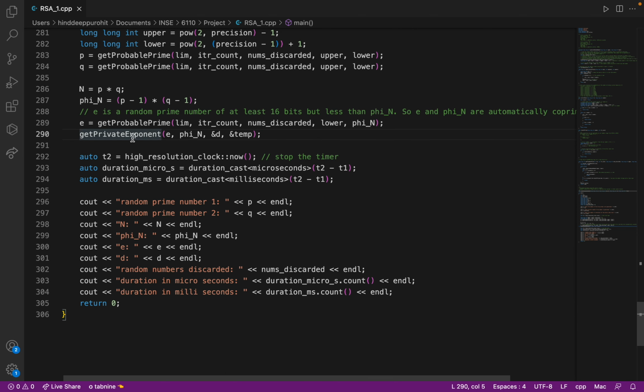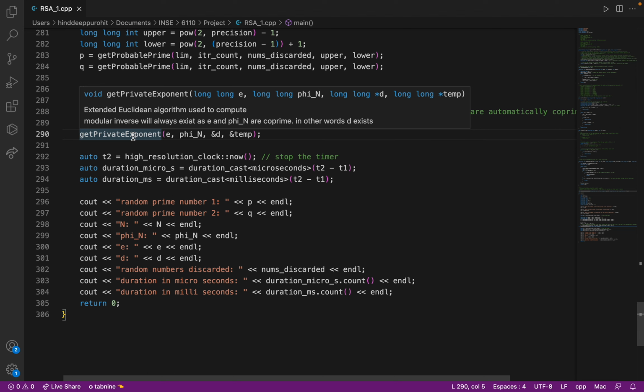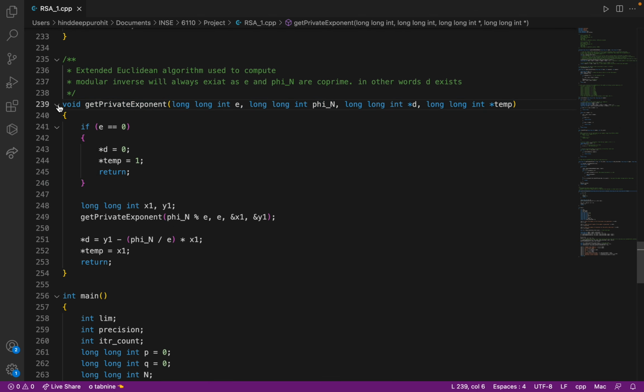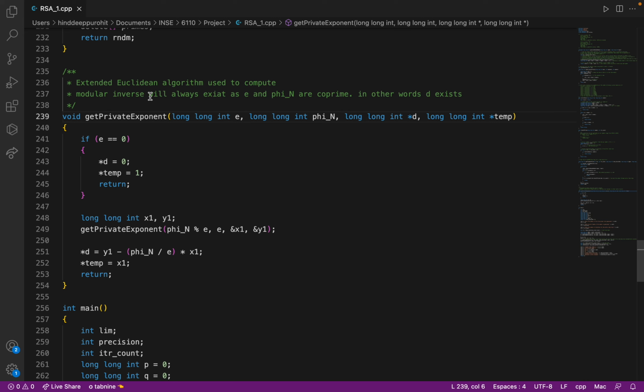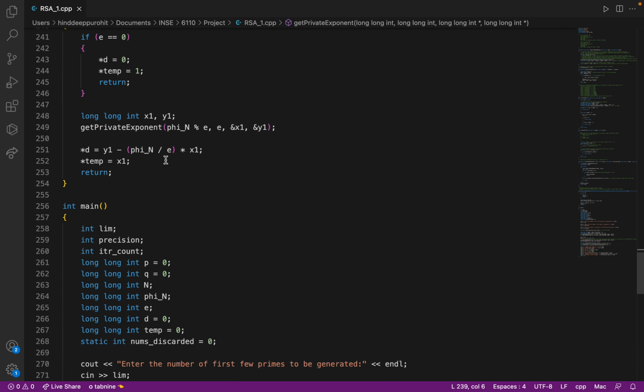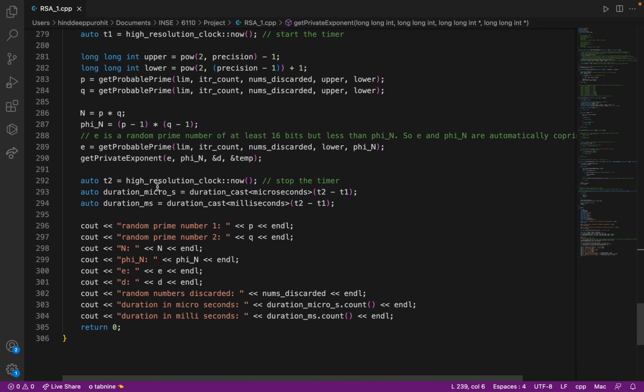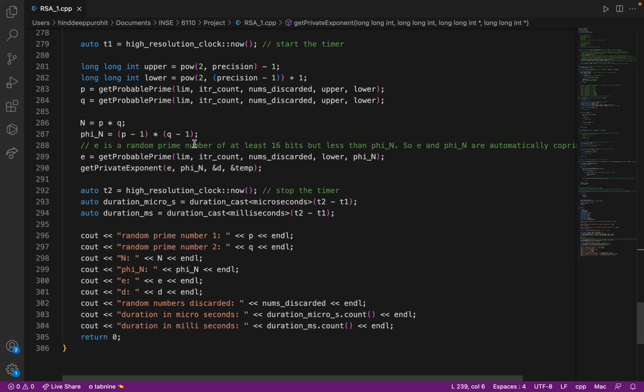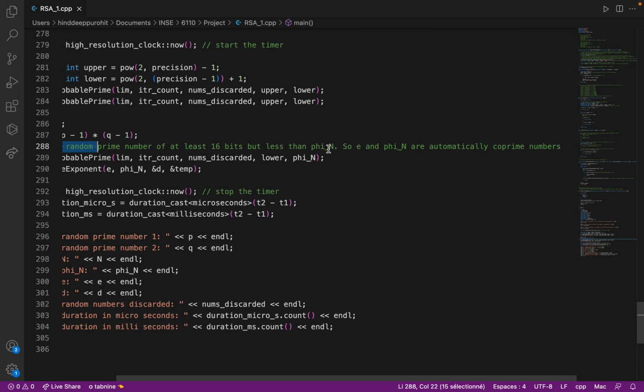This function is used to calculate the private exponent d, the private exponent function. We are using the extended Euclidean algorithm to find out the value of d, which is the private exponent in the RSA algorithm. And yeah, one thing about E: E is a random number which is less than phi.